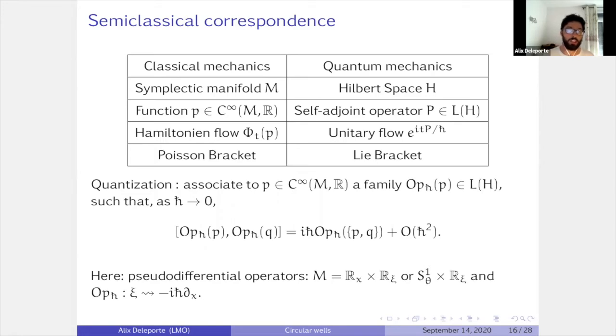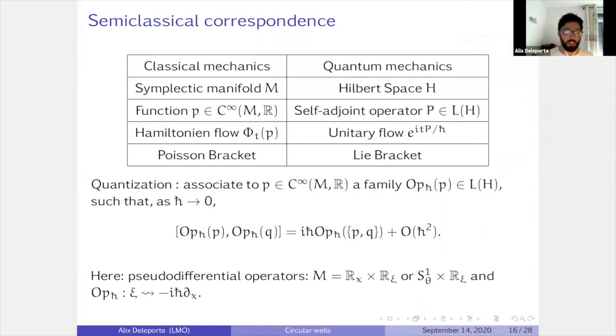One example of quantization, there are many others, and the one we're going to stick with in this talk, is pseudo-differential operators. So M is a cotangent space: the position space times the momentum, or velocity, space.